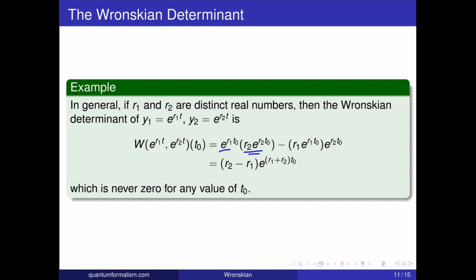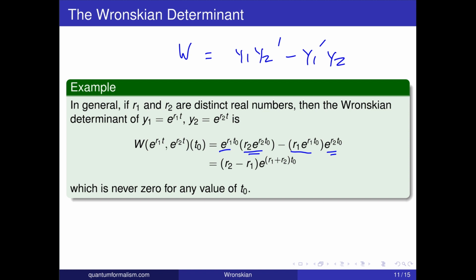Right, so this first term is y1 times y2 prime minus y1 prime times y2. All right, so yeah, here we take the derivative of the first function, so that'll be r1 e to the r1 t0. Leave the second one alone. All right, now if we look at these two terms, if we multiply the two exponentials, there's a rule of exponentials that says we just have to add the exponents.